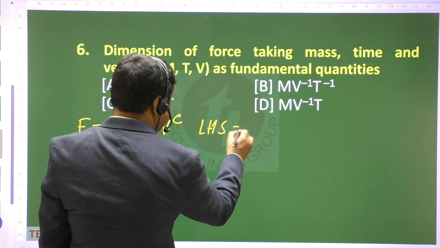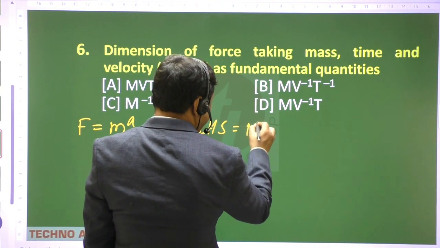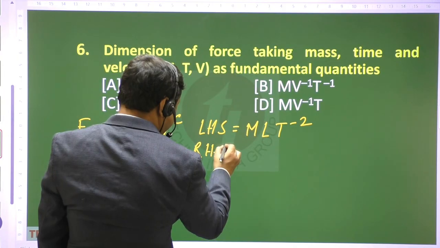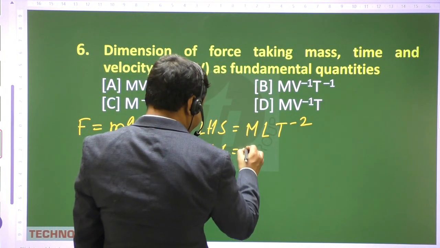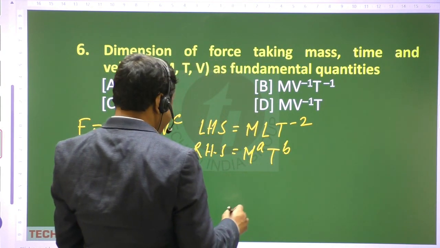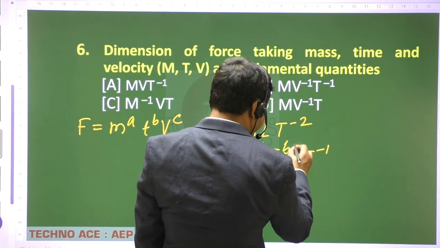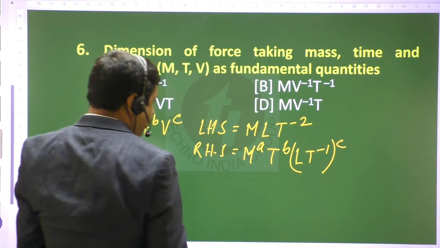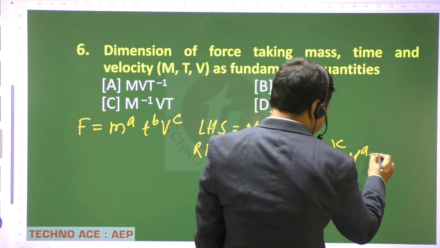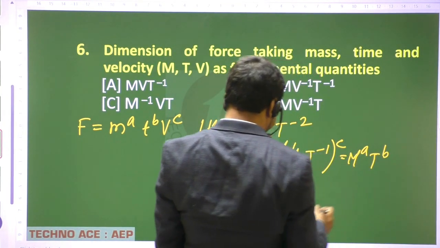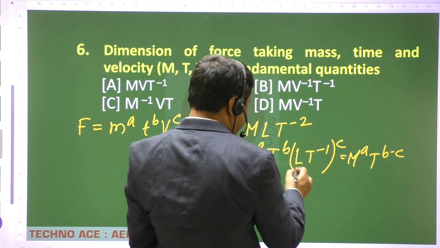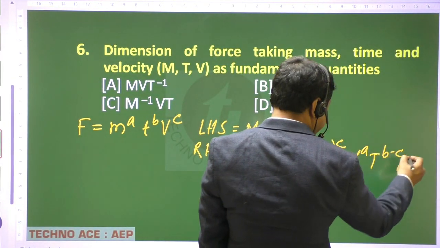The left hand side has the dimension of force, that is M L T to the power minus 2. The right hand side will be m to the power a, t to the power b, and velocity is L T to the power minus 1, whole to the power c. So this will be M to the power a, T to the power b minus c, and L to the power c.